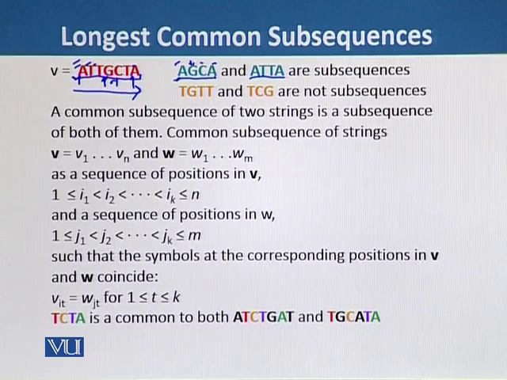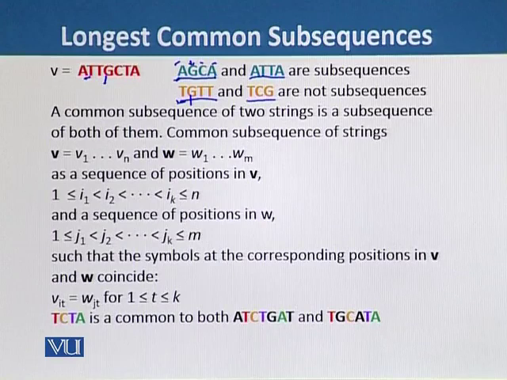But these two sequences, T, G, T, T and T, C, G, are not subsequences because they are not in ordered form. The first letter is T, then G is also in order, then T is also in order, but the last T is not present after this T. So this is not a subsequence of this V string.